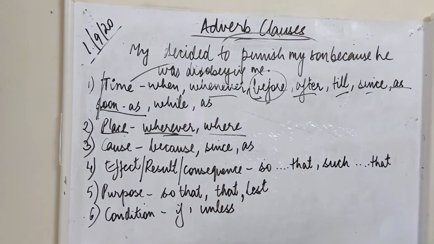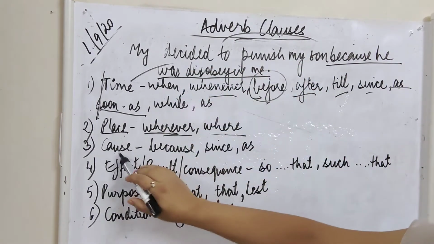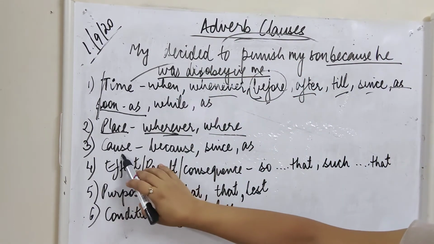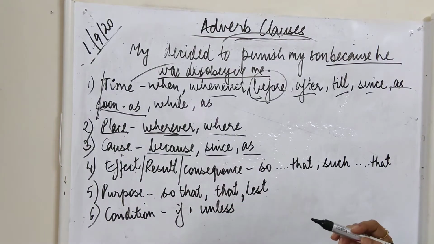So here because he was disobeying me is an adverb clause of cause. Adverb clause of cause will start with because, since, or as.